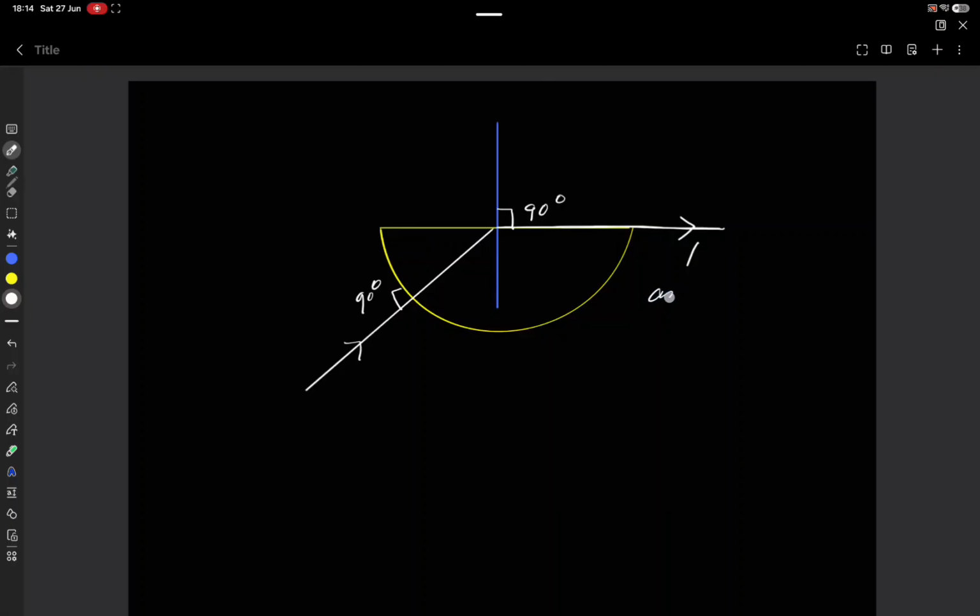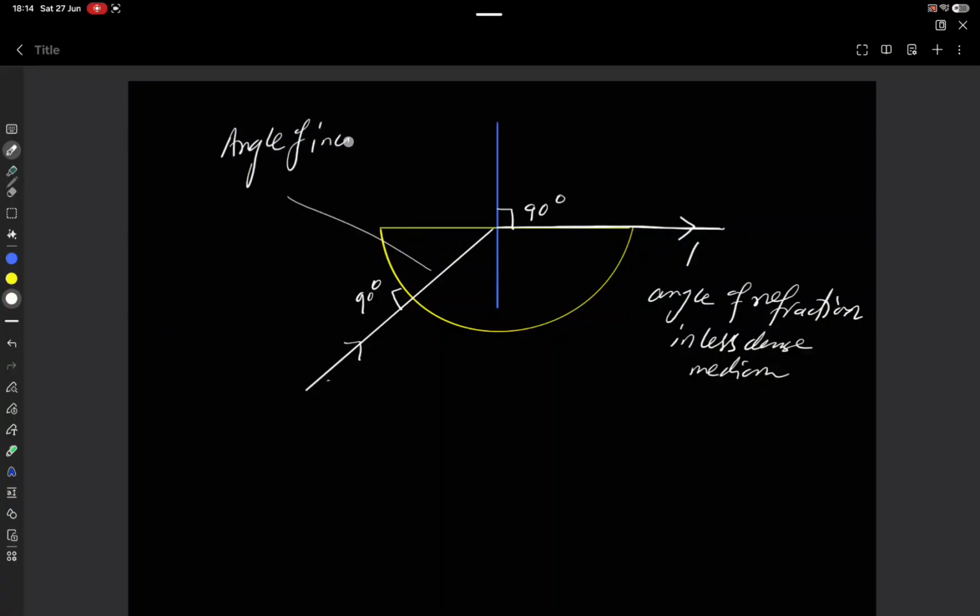This is the angle of refraction in the less dense medium, and this is the angle of incidence in the denser medium.